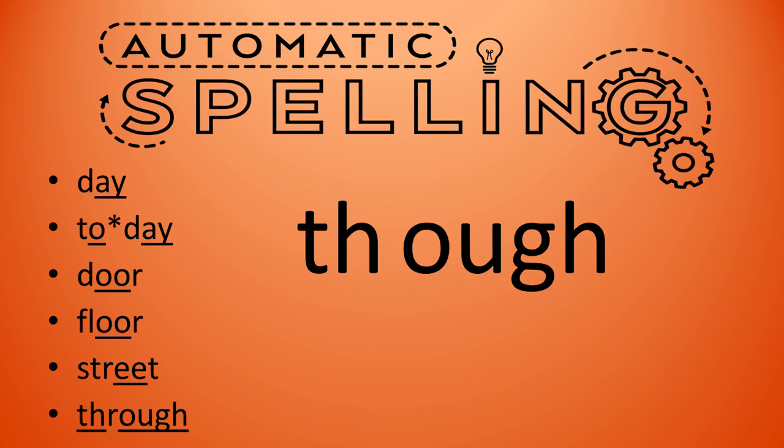To make the word through, you spell the word though and you put the R right in between the two phonograms like that. Through. I hope that helps you remember the word through. When I'm reading, I look for the R and then I know it says through. This is the through that goes through something. R just went right through the phonogram.